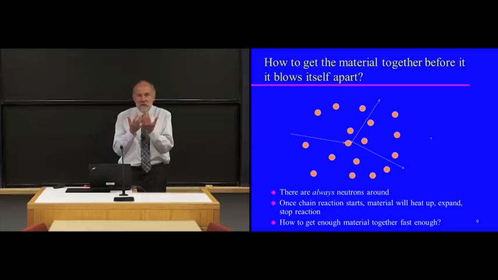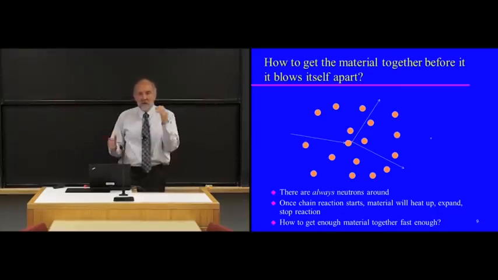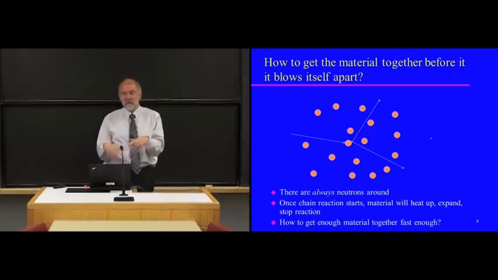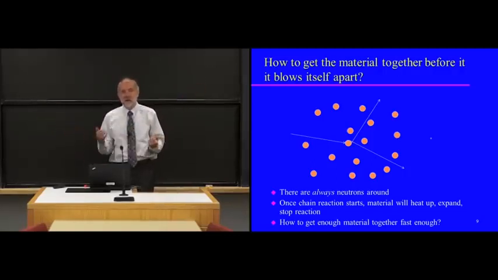So what happens is it's releasing all this energy in a pretty small ball of material. And that means that material is going to heat up, it's going to turn to gas, and it's going to start blowing itself apart. Well, if bringing the atoms closer together by crushing them and increasing their density reduces the amount you need for a critical mass, having them expand out increases the amount, and it causes the neutrons to start flying out into the surrounding countryside again, and it shuts down the chain reaction.